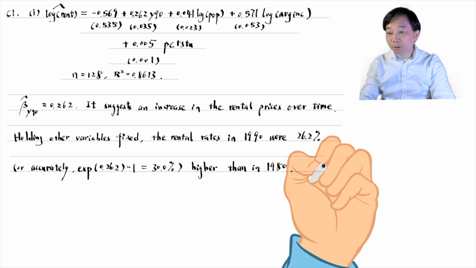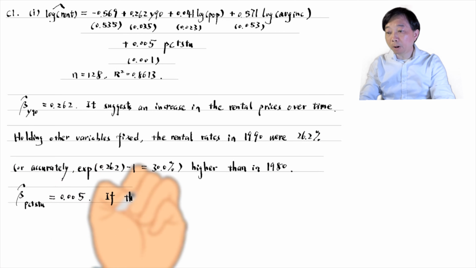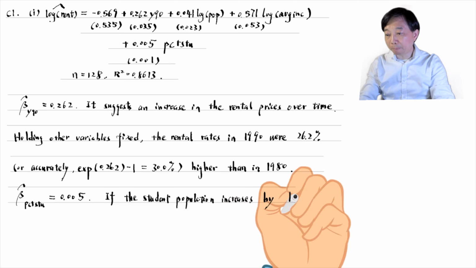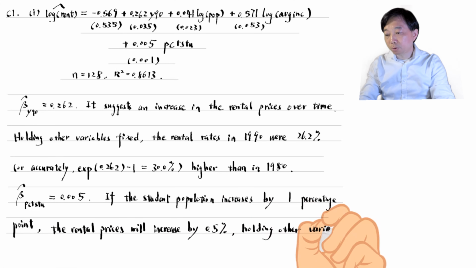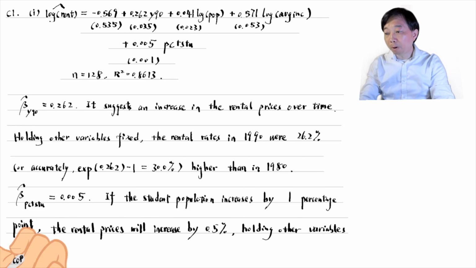The estimate for the student population is 0.005. It implies that if the student population increases by 1 percentage point, the rental prices will increase by 0.5%, holding other variables in the model constant.